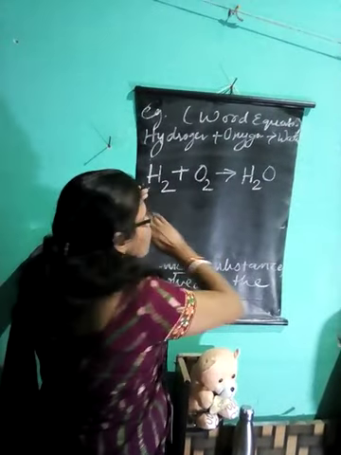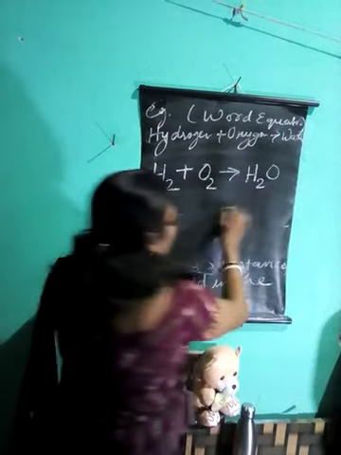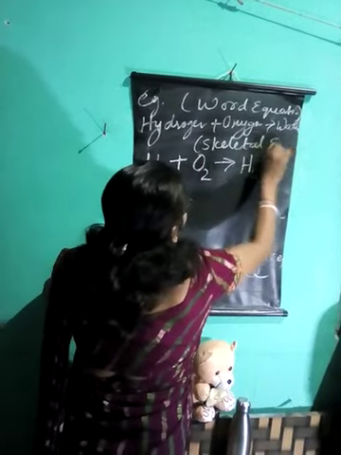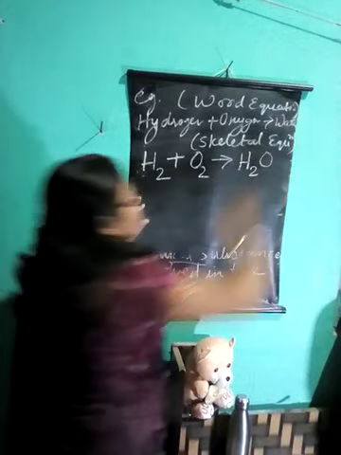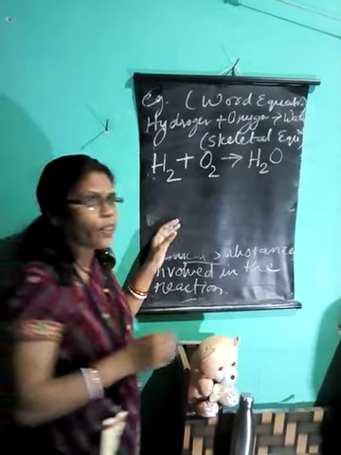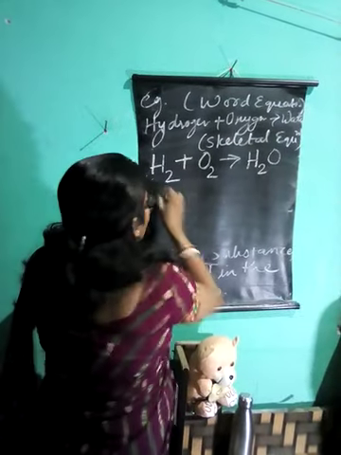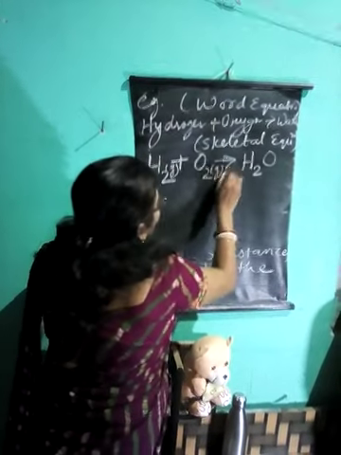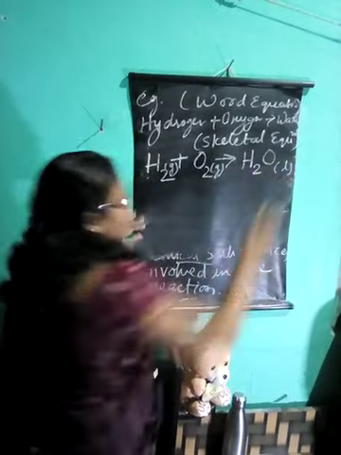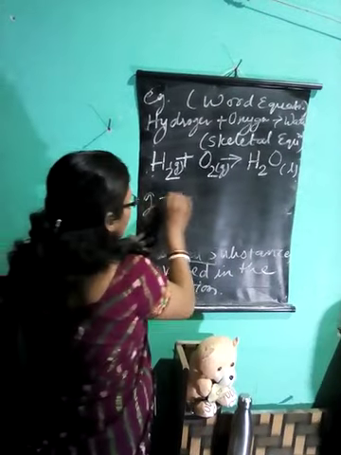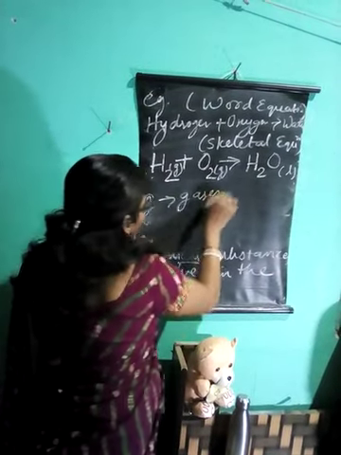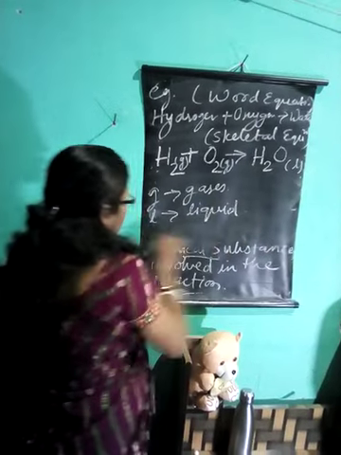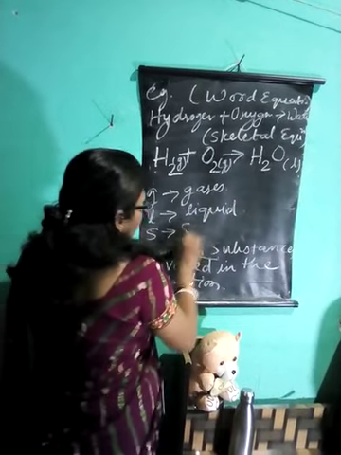This is called a skeletal equation. To make this more informative, we write the states here: gases. This was in the form of gas, this in the form of liquid. We write the physical state. G indicates gases, L indicates liquid, and S indicates solid.